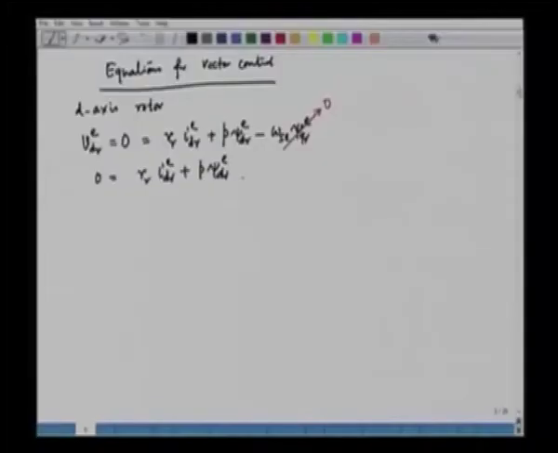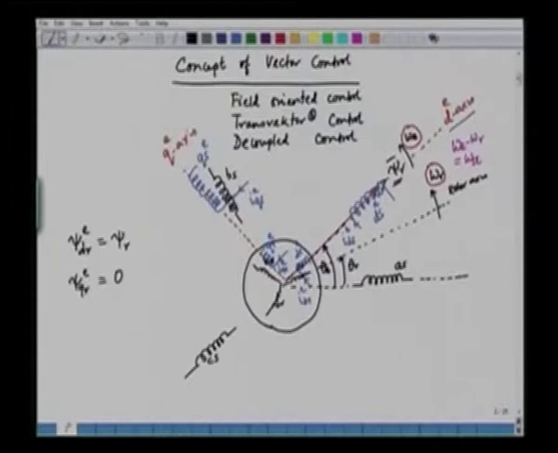So, this is what we have here, and in this case psi_dr is equal to psi_r, and we would like to keep the flux constant, because the flux is associated with some inductance, and the flux cannot be changed instantaneously. It will take some time for the flux to change.